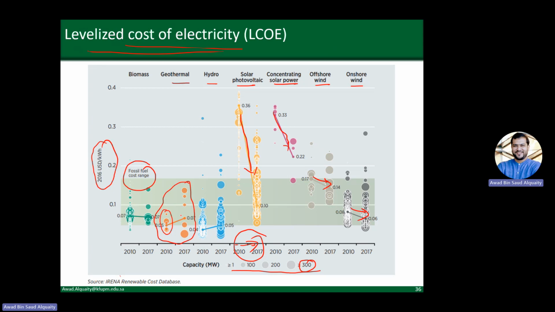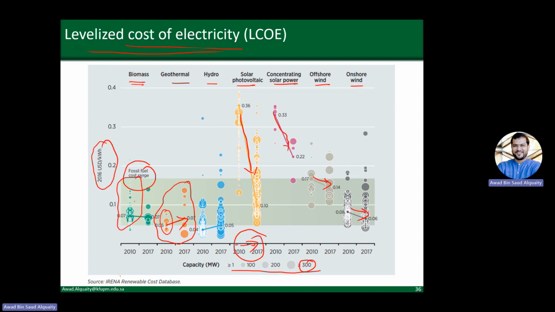Now, as we start to extract energy from other geothermal resources where we just have maybe hot water, not dry steam, then the costs tend to go a little bit up. But the overall trend that you can see from 2010 to 2017 is an increase in the amount of geothermal electricity being produced, right, from geothermal resources. And there has been a slight increase in cost, of course, but you can see it's still in the range for fossil fuel. The fossil fuel range is basically the shaded region, and it's very much within the range, right? And the one on the left is for biomass.